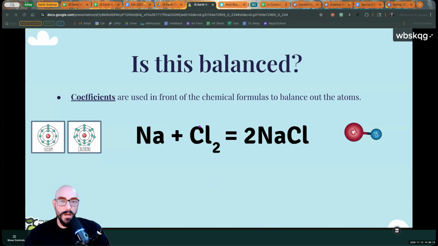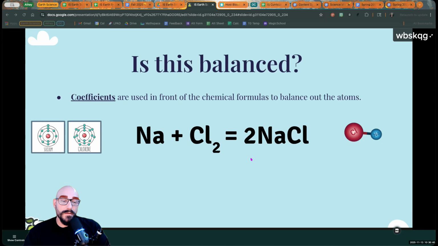That two on the bottom right, that's a subscript. That tells us how many of those atoms are bonded together in that element. So on the left, we have chlorine with a subscript two in the bottom right. That tells us every chlorine molecule has two chlorine atoms bonded together.